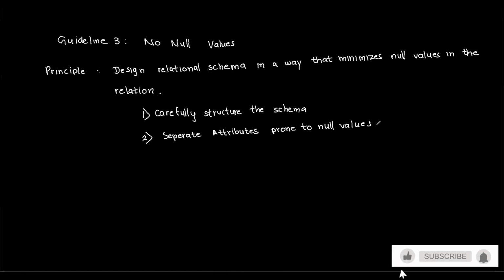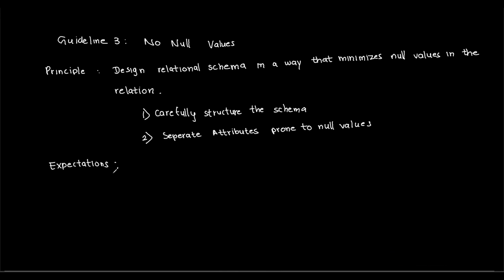All right. Before we go to how to do it, we'll first learn about the expectations. First of all, we shouldn't have any confusion in interpretation, so we have to avoid confusion in interpretation.